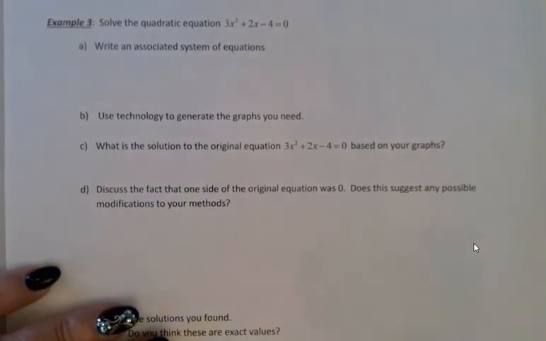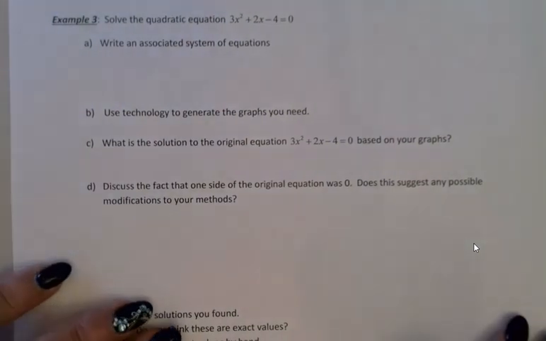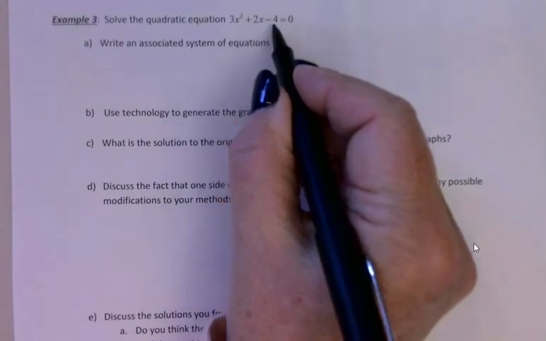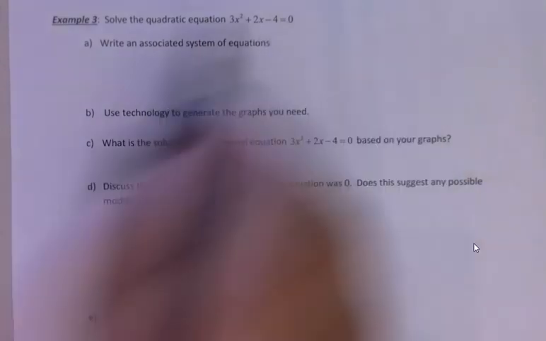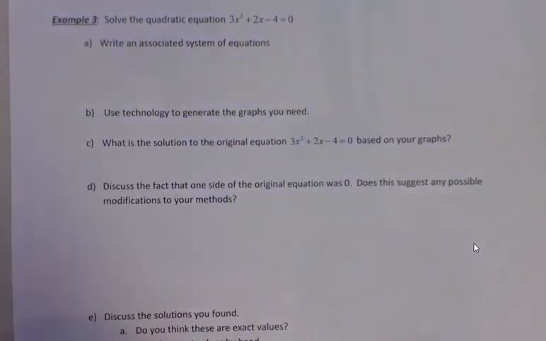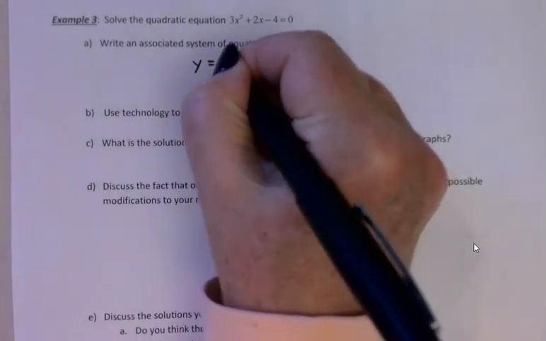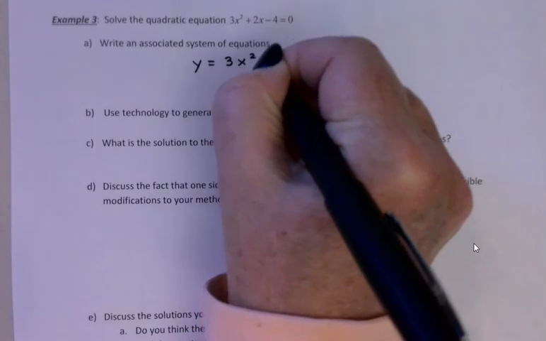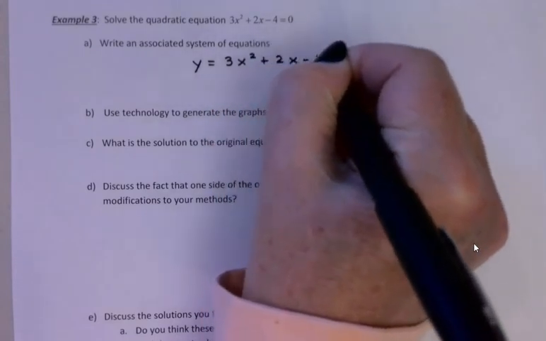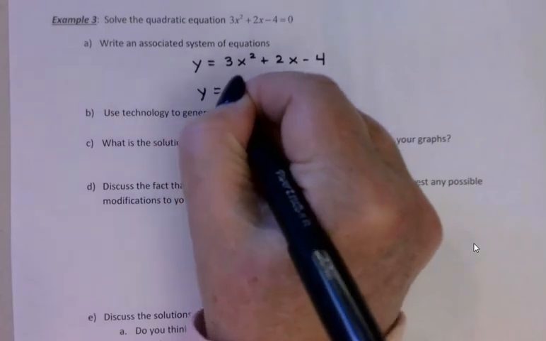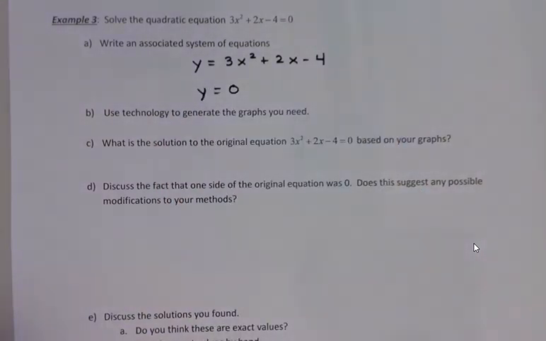All right, how about this one? In example 3, we would like to solve the quadratic equation 3x squared plus 2x minus 4 equals 0. If I'd like to express that as a system, I could write y equals the left-hand side, 3x squared plus 2x minus 4, and then y equals the right-hand side, y equals 0.